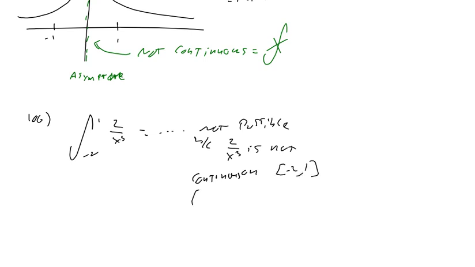There is an asymptote, a vertical asymptote, at x equals 0. Oh my goodness gracious. Not possible because the graph is not continuous on the interval.